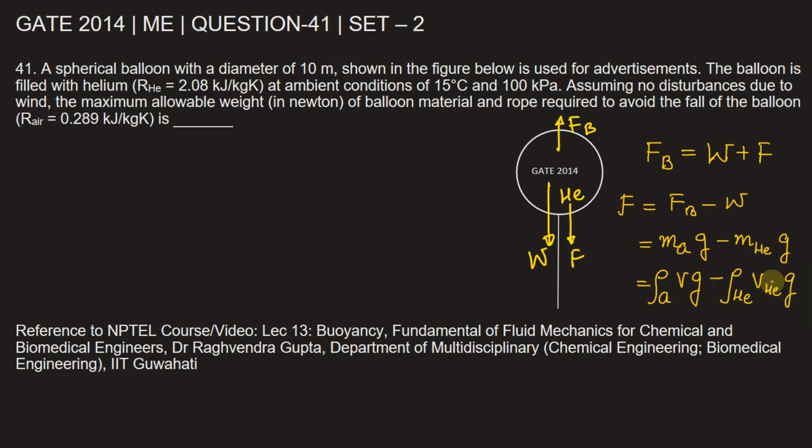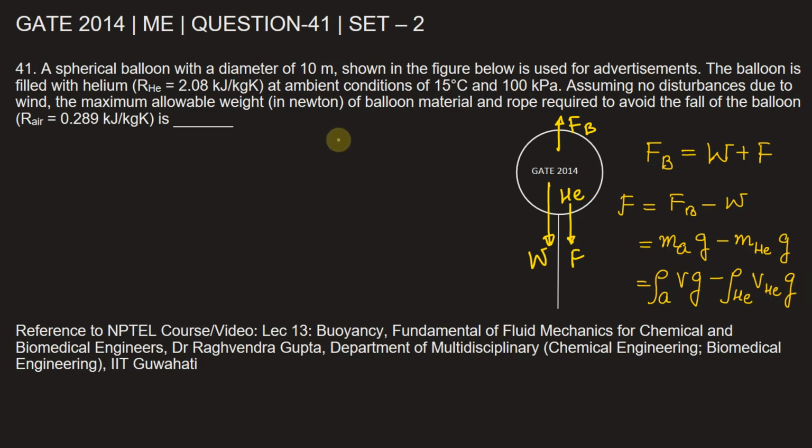Actually, this V and VHe, the volume of helium, will be the same, because FB is the buoyant force, and the buoyant force is because of only this volume of helium. This is the amount of air also replaced by the helium. Therefore, this V and VHe will be equal.